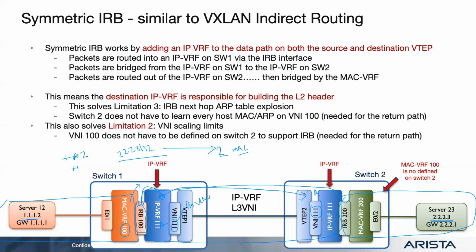Based on this particular VNI 111, this guy will understand that this VNI is mapped to VRF A. So it will land the packet into this VRF A. And from there, it will check the destination IP, which is in VLAN 200. It will route the packet into VLAN 200 and forward it based on ARP. Okay. So this is how overall this will work. Any questions?